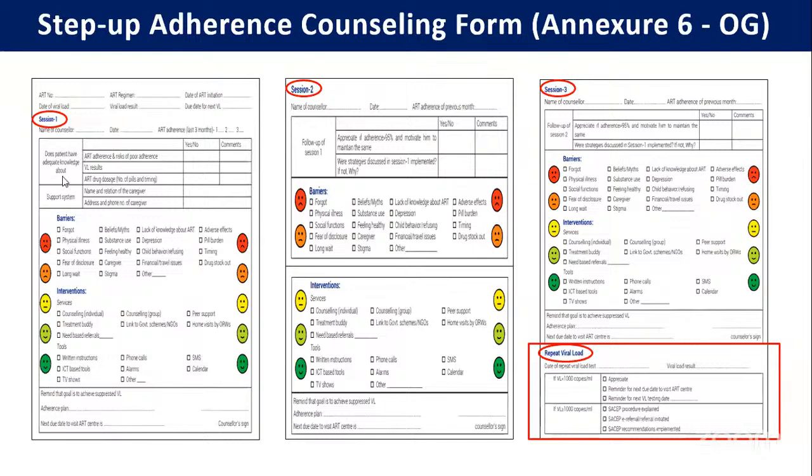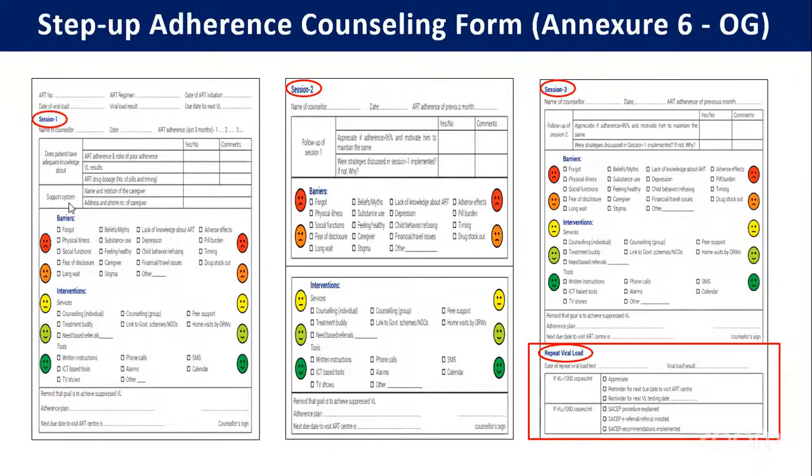And it's important that the patient's knowledge about the importance of ART adherence and the risk of poor adherence, viral load results, ART drug dose, number of pills, timing, etc. need to be assessed and all need to be captured in this format.